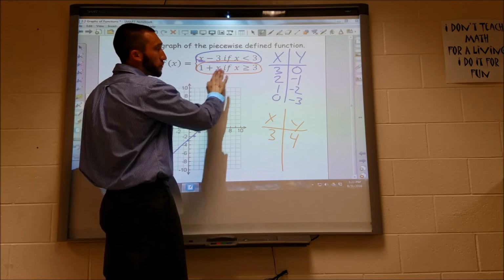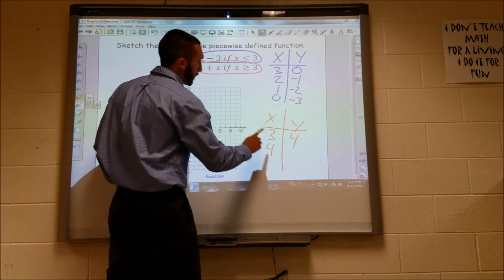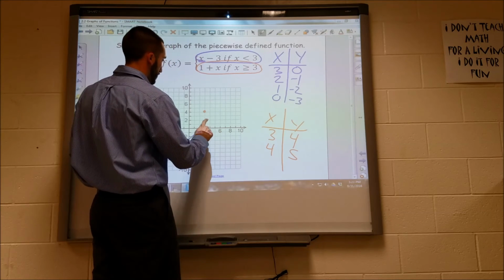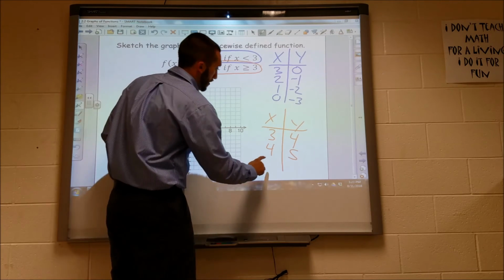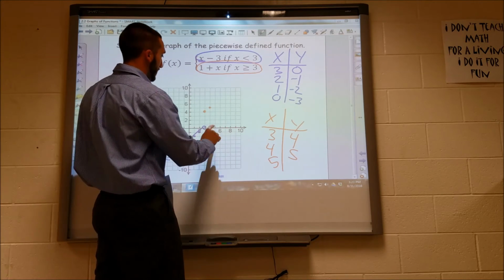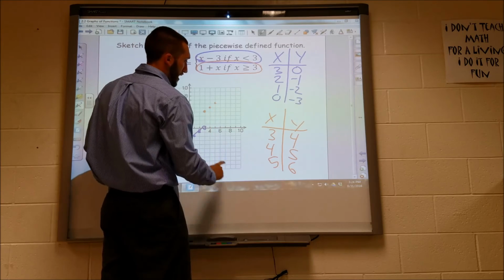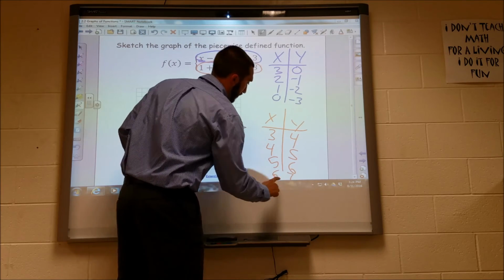And this deals with numbers larger than or equal to 3. So I'll plug in a 4. Plug in a 4, I get a 5 back. I'll plug in a 5, and I get a 6 back. And one more, I plug in a 6, I get a 7 back.